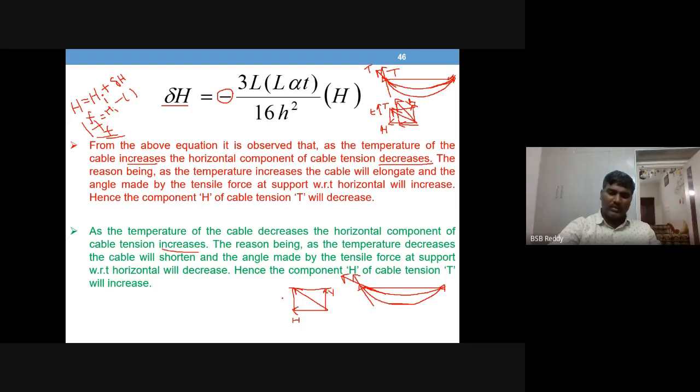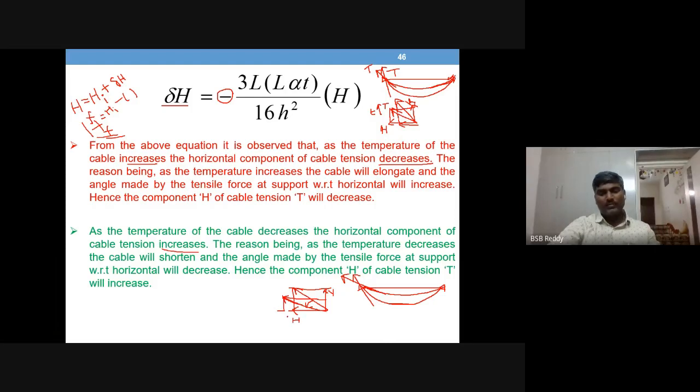If the tensile force rotated anti-clockwise, this is the rotation. What happens? H shall increase and V shall reduce. Then only it is possible, right? If that arrow is rotating like this, V shall reduce, H shall increase. Then only this line is possible for rotation.